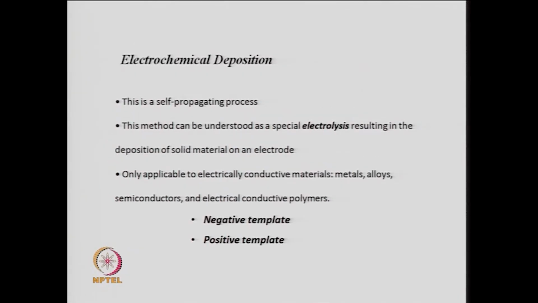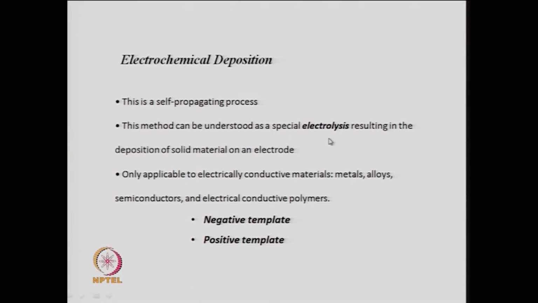Now, when you use templates, a common method is to apply an electric field, that is, you do electrochemical deposition, and this electrochemical deposition using porous templates is a self propagating process and can be understood as a special kind of electrolysis.